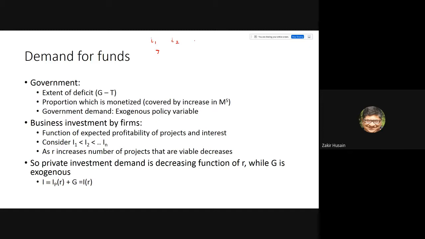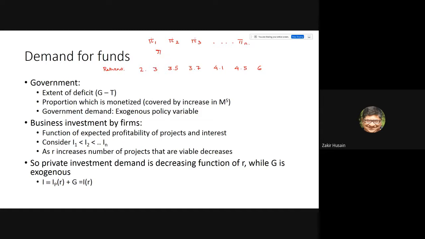Or let me call it pi, that will be easier. I don't want to use I over here, and R cannot be used. So corresponding to each project, I have a particular return. So I rank them. Right? So this is my returns to investment.